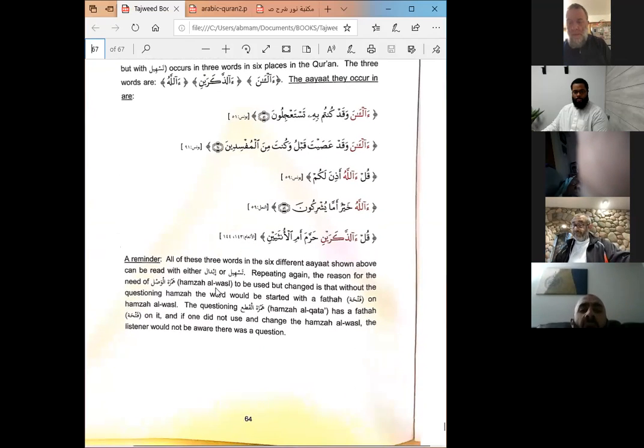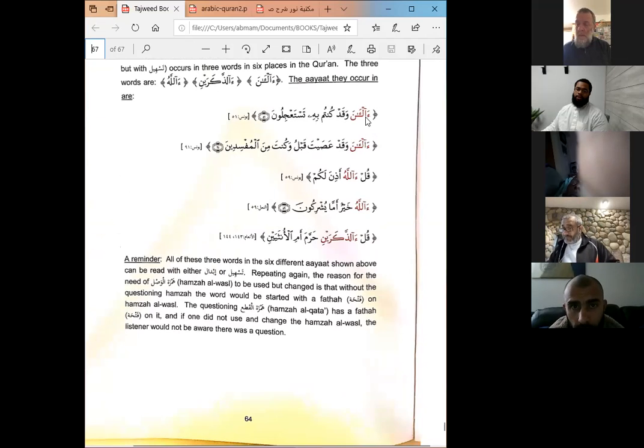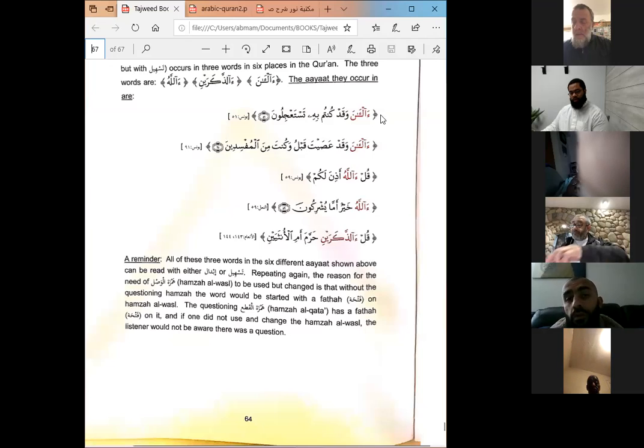So here we have همزة الاستفهام followed by Hamzatul Wasl al. So originally it would have been al-ana. So the first way is lengthening.